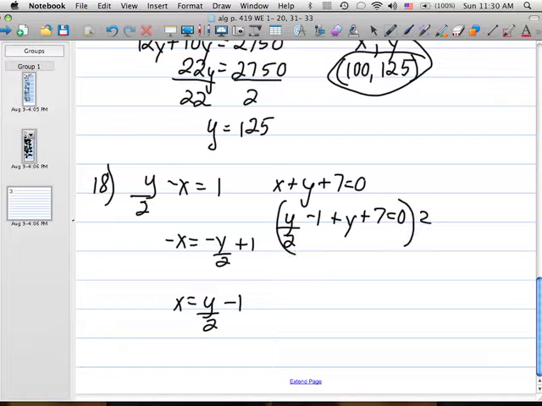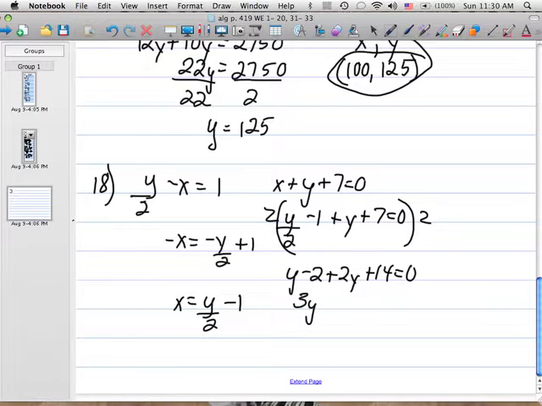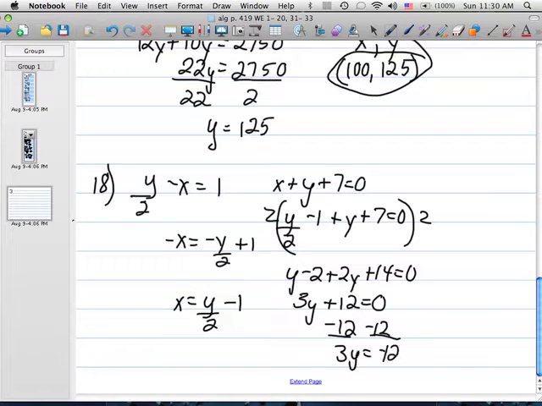Multiply everything by 2, and I get y minus 2 plus 2y plus 14 equals 0. Collecting like terms, I have 3y, -2 plus 14 is 12, equals 0. Solving for y, subtract 12 from both sides. I get 3y equals -12.